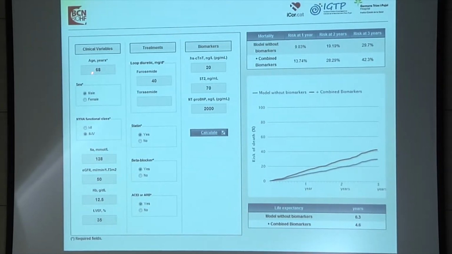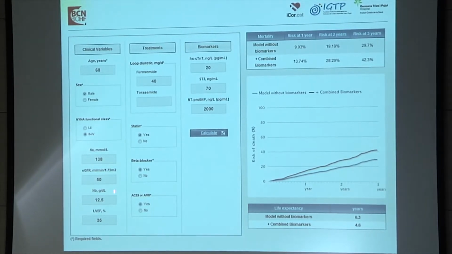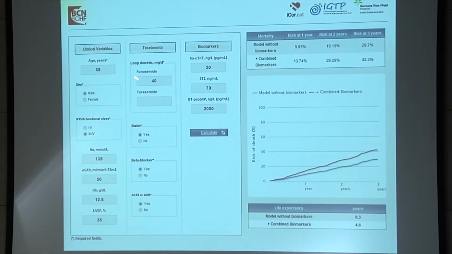This is a 68-year-old male patient, class 3-4, sodium 138, eGFR 50, hemoglobin 12.5, ejection fraction 35, on diuretics, statins, beta blockers, and ACE inhibitors, so we are treating the patient quite well.